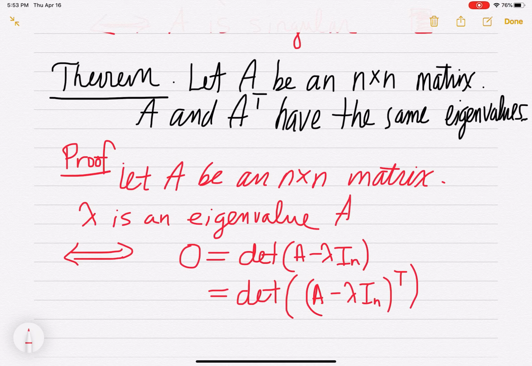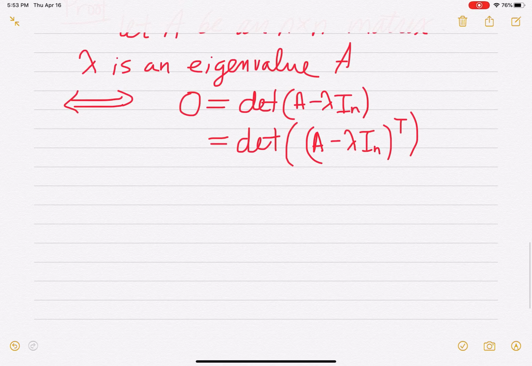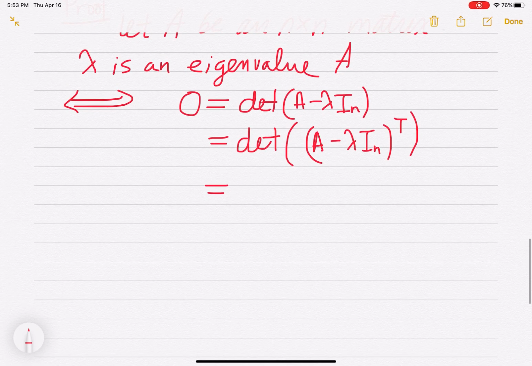This is something we did not prove, that transposes and the original matrices have the same determinants. We said it would require induction to prove, and we don't get into induction in this class. That's more proofy. Now, we did prove the properties of the transpose way back when we introduced it. The transpose distributes over addition or subtraction.